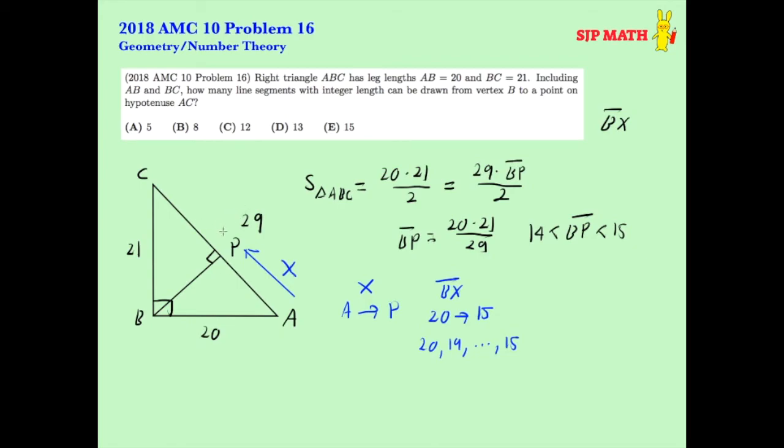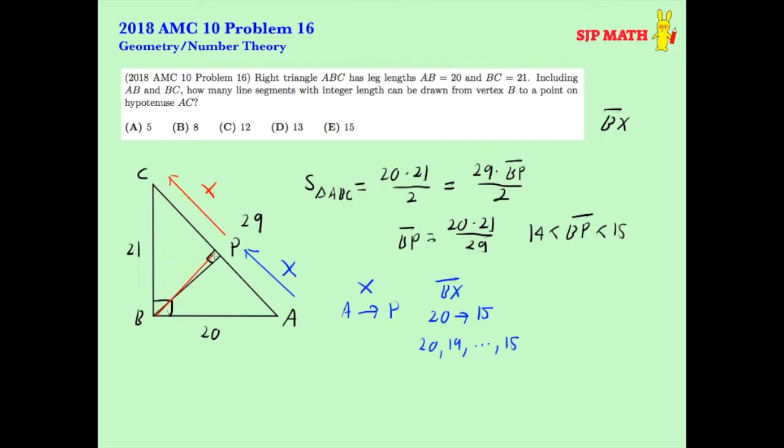This time X is going to move from P to C. It's a pretty similar scenario. As X moves from P to C, we can see that the length of BX is going to strictly increase from the length of BP to the length of BC, which is 21.